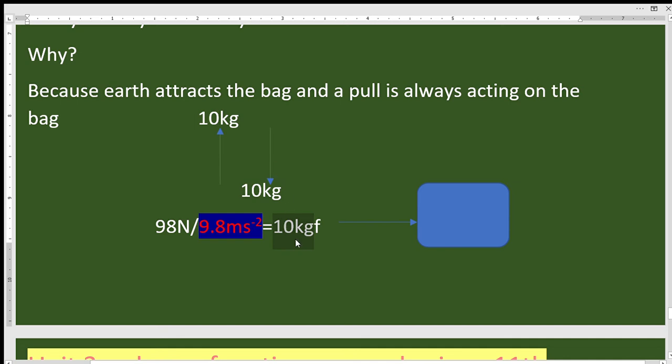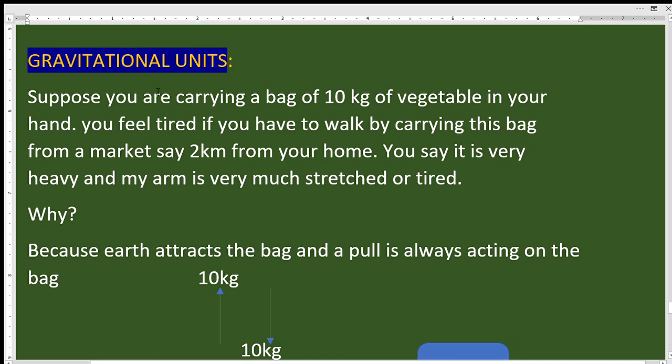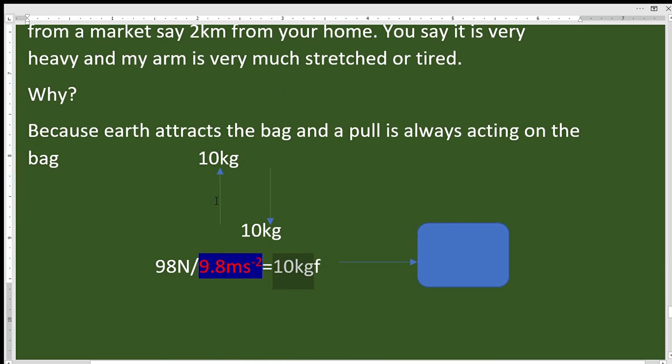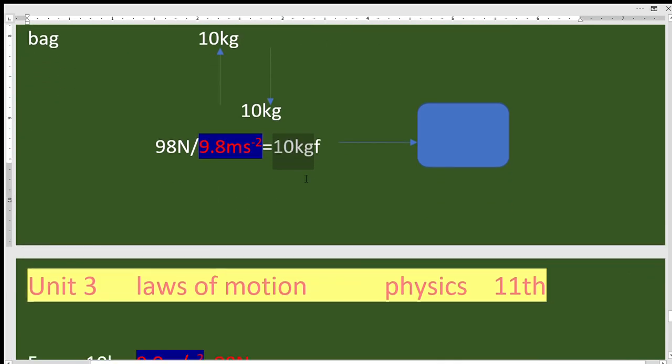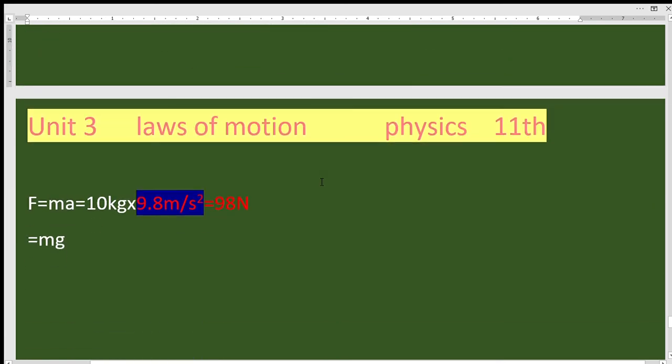So this is how you have this gravitational unit. Gravitational unit means you simply say kilogram force, or gram force in CGS. This 9.8 meter per second square is the factor which plays an important role here. I think it is very much clear now.